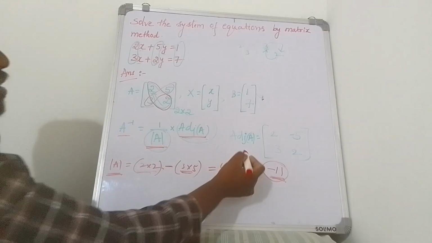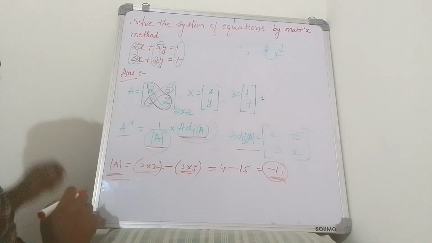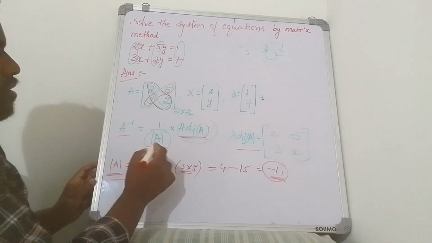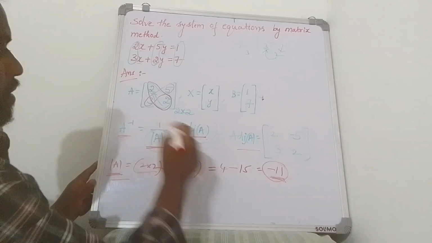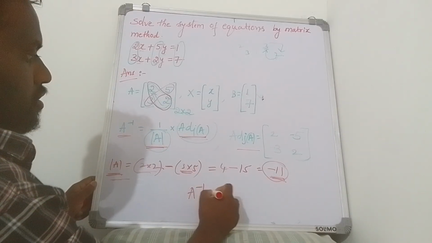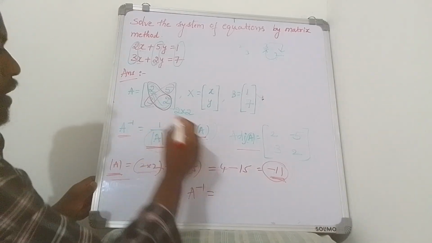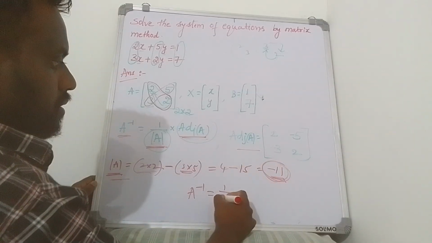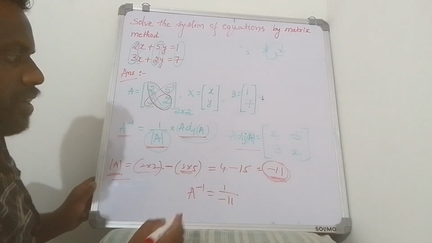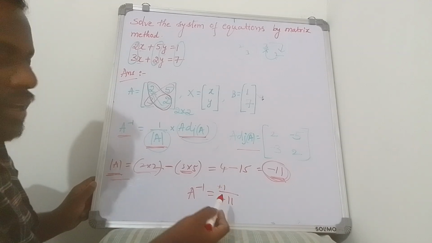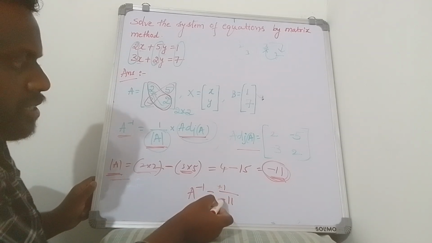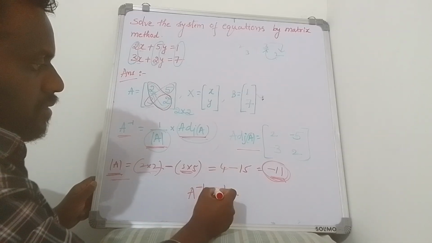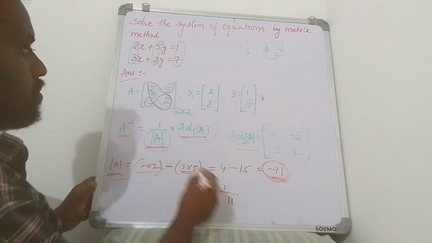Okay. So we got this and this. Using this formula, we will write the inverse here. A inverse is equal to 1 by determinant A, which is minus 11. Here nothing means plus, plus divided by minus, so I can write that minus here.